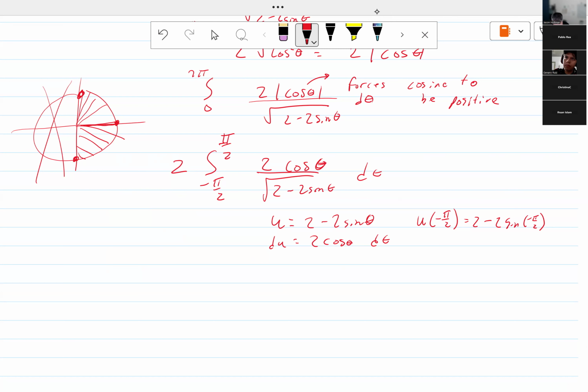So this is 2 plus 2, which is 4. That's good. What about u of pi over 2? That's 2 minus 2 times the sine of pi over 2. The sine of pi over 2 is 1. So this is 2 minus 2, that's 0. That's cool. So this actually goes from 4 to 0. Don't get that backwards. It actually goes from 4 to 0, of u.